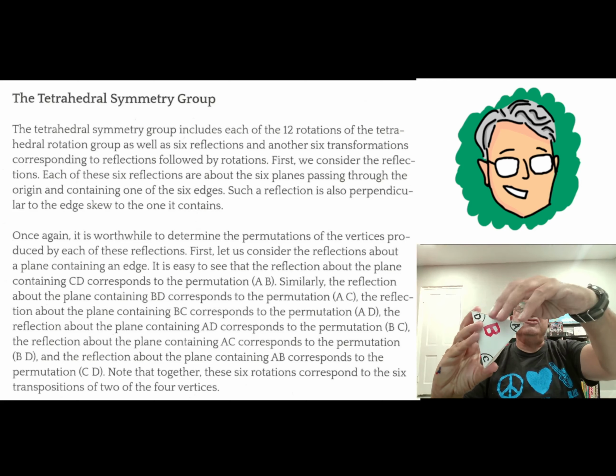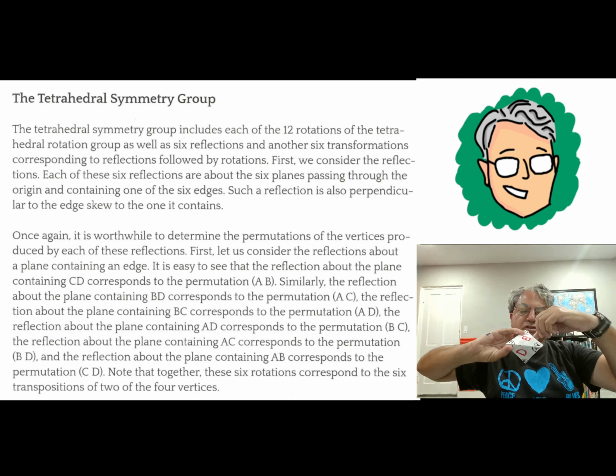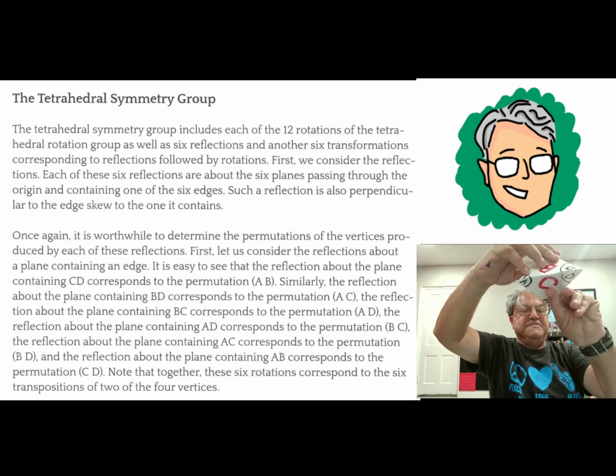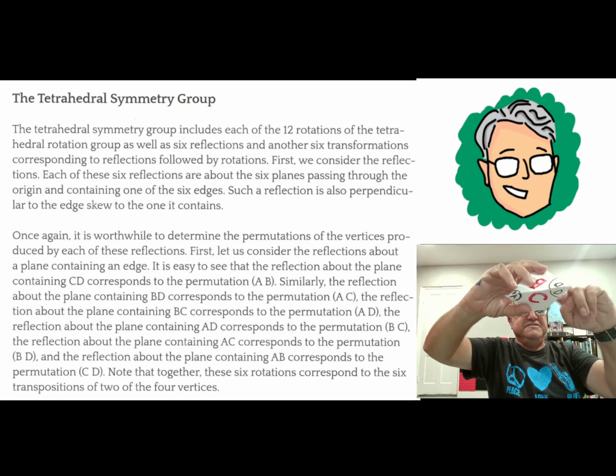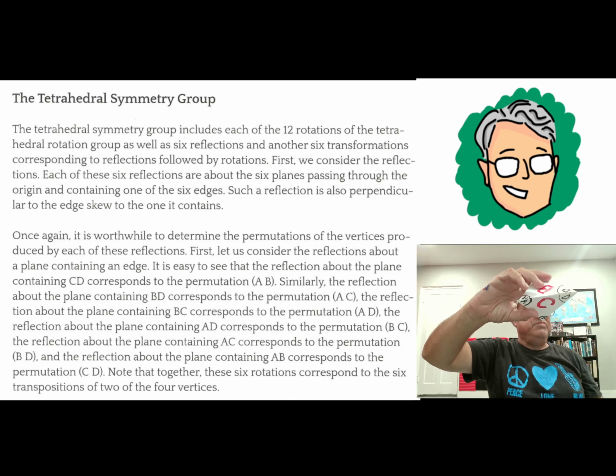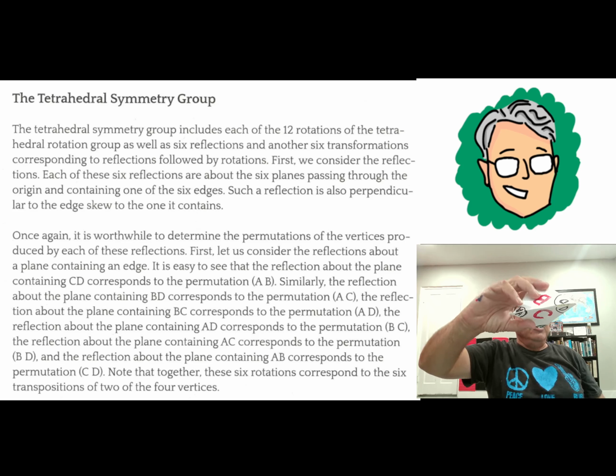So for instance, here's the edge connecting faces B and C, and you can rotate 180 degrees, and that flips B and C. But it also flips A and D on the other side. You can't see them, but this corresponds to a product of 2 disjoint transpositions, namely AD and BC.